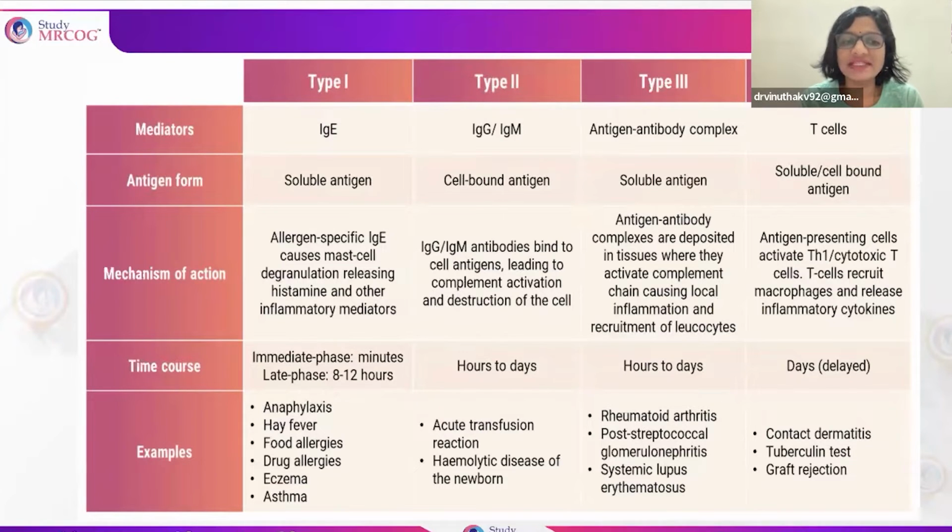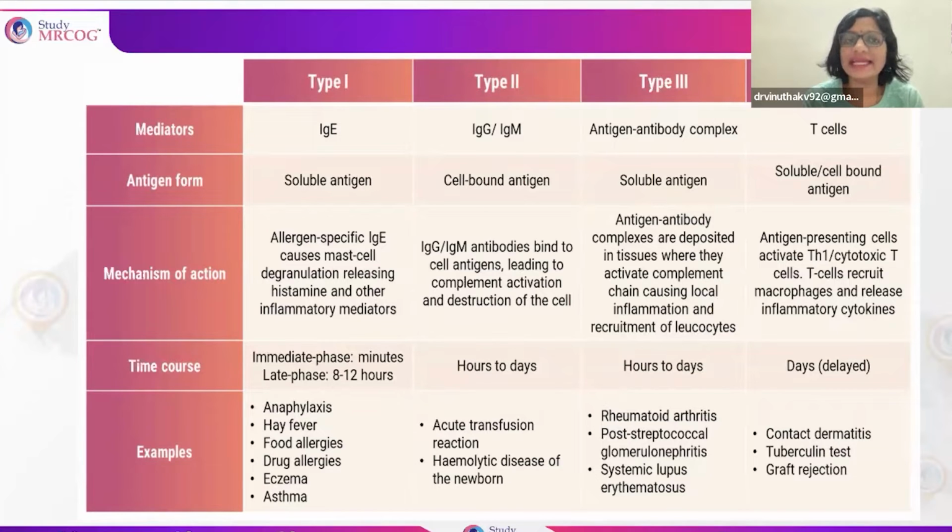The mechanism of action is that allergen specific IgE causes mast cell degranulation, releasing histamine and other inflammatory mediators. This can happen within seconds to minutes, and the late phase can occur within 8 to 12 hours after the exposure. The examples include anaphylaxis, hay fever, food allergy, drug allergy, eczema, and asthma.